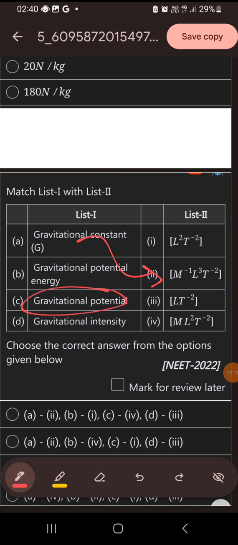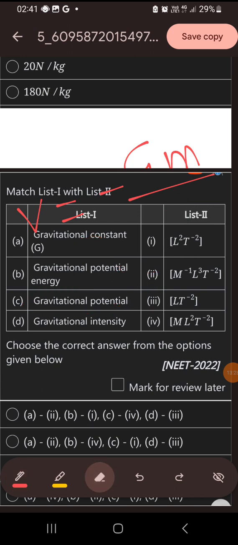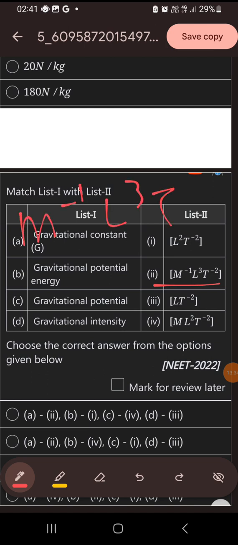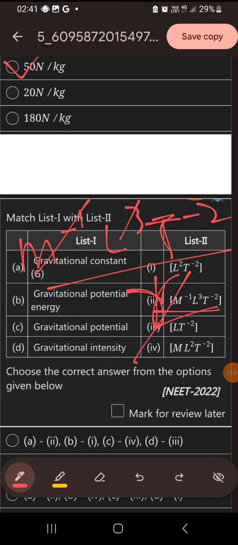Option C, gravitational potential, we know gravitational potential V is equal to minus GM by r. We know the dimensional formula for G, just now we solved. That is m inverse L cube t power minus 2. Again GM by r, into m, so this m will get cancelled. What is below, r is L, so L gets cancelled, so L square t power minus 2 will be here.